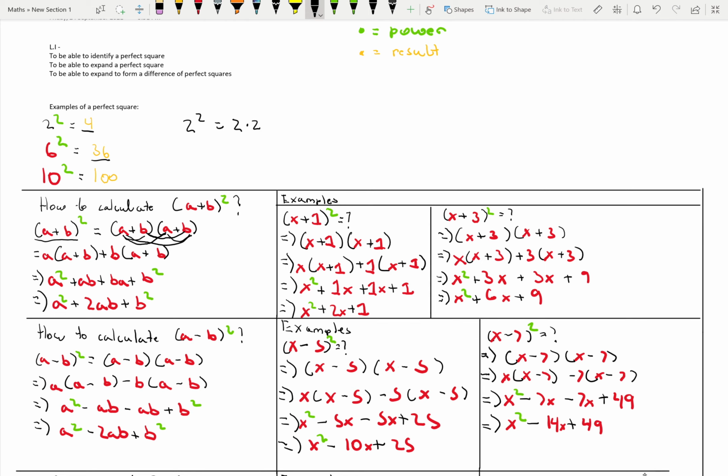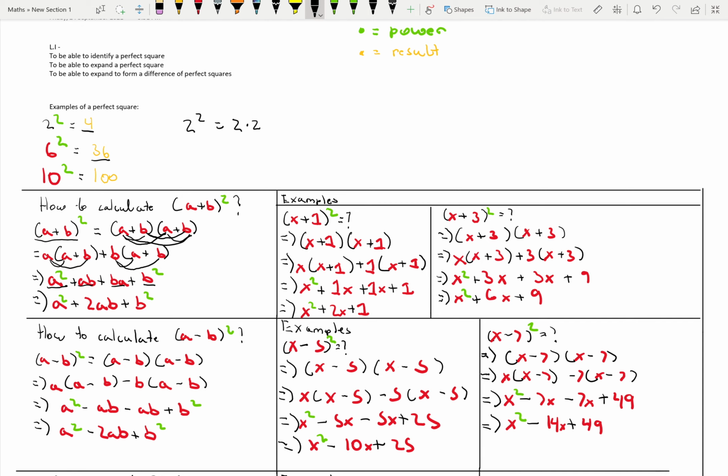So if we do that here, a multiplied by a equals a squared, and then a multiplied by b equals ab, and then you add that with b multiplied by a, which equals ba, and b multiplied by b, which is b squared.